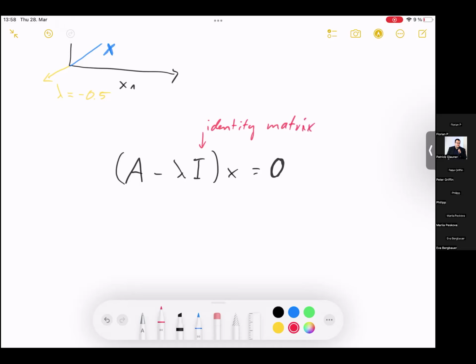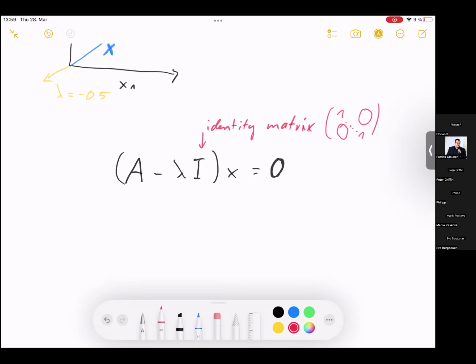And remember, for the identity matrix, it's all 0 except the diagonal, which is 1. So one example could be here, the diagonal is 1 and all the other elements are 0. This is what the identity matrix looks like. So lambda is multiplied by the identity matrix.